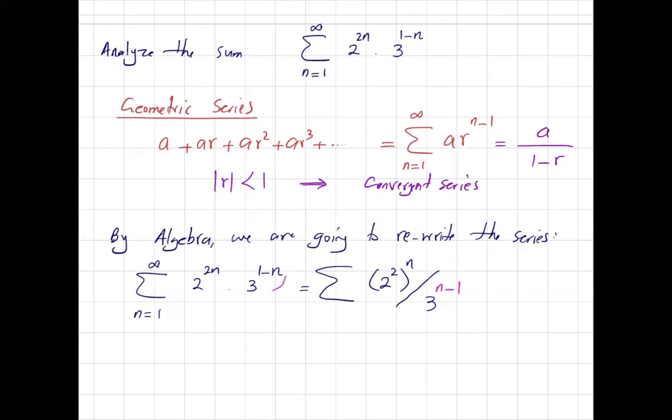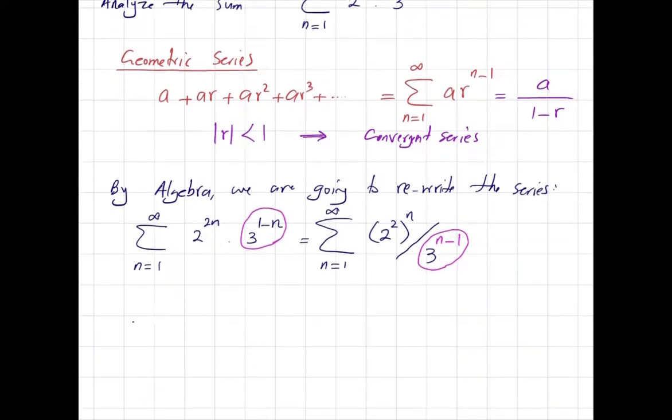My 3 was with power 1 minus n, so I wrote it in the denominator and I have to use the opposite sign. n still starts at 1 and goes to infinity. But take a look. My numerator can be written as 4 to the power n, and my denominator is 3 to the power n minus 1.